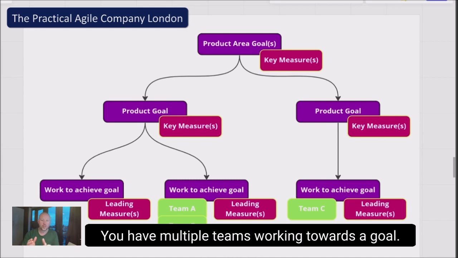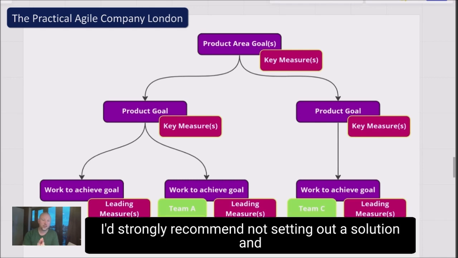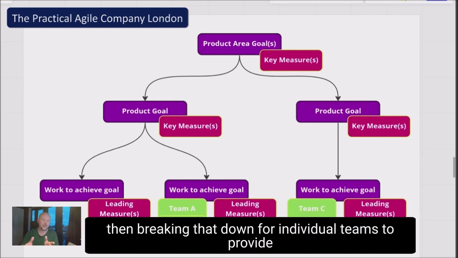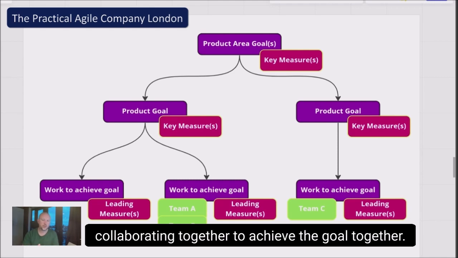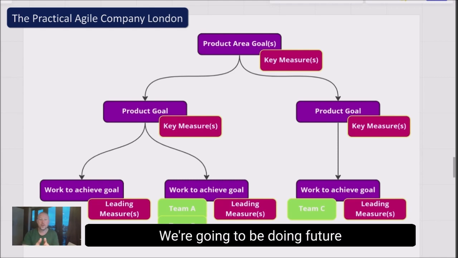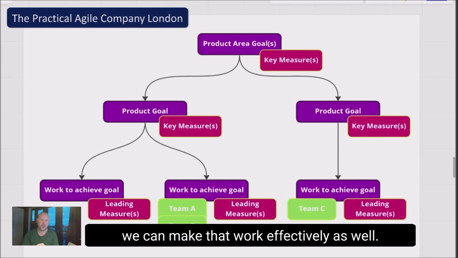I'd strongly recommend not setting out a solution and then breaking that down for individual teams to provide their part, but instead support the teams in collaborating together to achieve the goal together. We're going to be doing future articles and videos about collaboration and how you can make that work effectively as well, so keep an eye out for those.